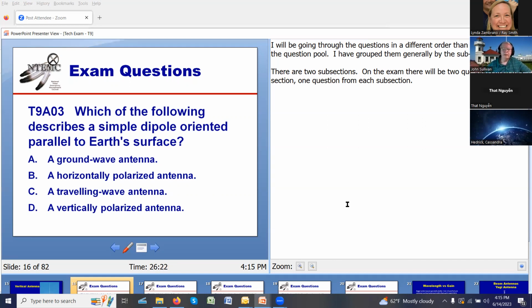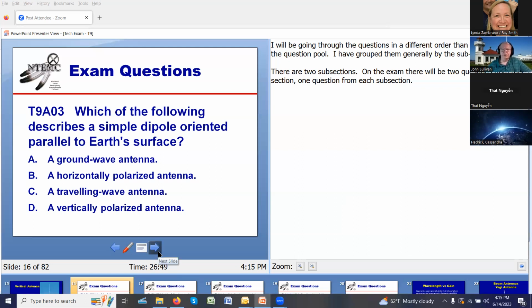There are two subsections to this T9 section, and on the exam there'll be two questions from the section, one from each subsection. So there's not a lot of questions from this, but it's a short section today. You can expect two questions total from all of these topics.